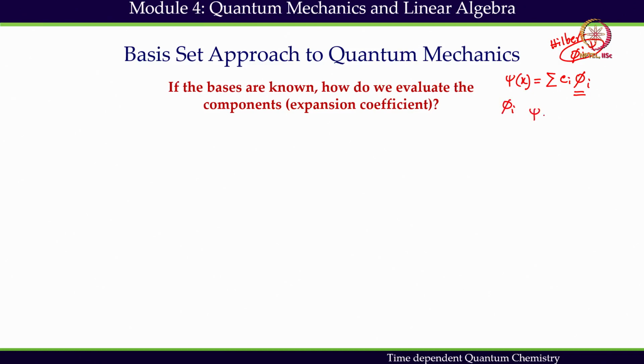Now, when you do this linear combination with respect to the phi_i basis, one can present this psi as a column matrix with its components C1, C2, C3, and we have said that this is for the reduced Hilbert space, where we have truncated this infinite summation to some certain number n.